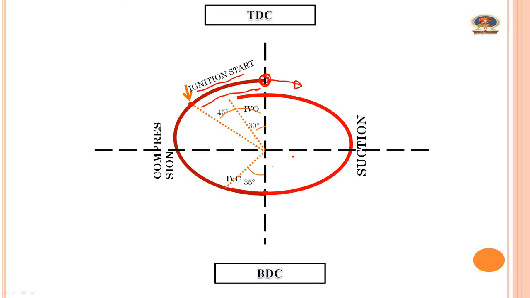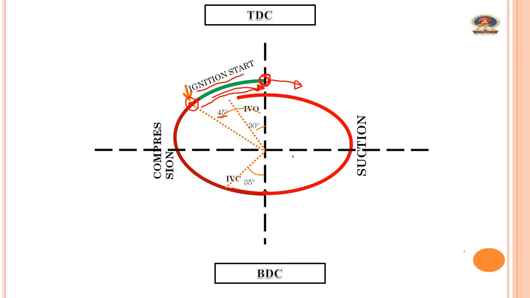To avoid this, we have to generate the spark before the end of compression, that is 45 degrees before. So maximum power will be generated at the TDC position of the piston, and that power will be transferred to the crankshaft.